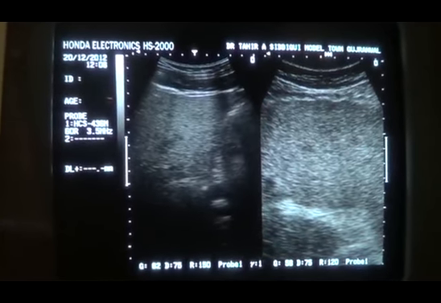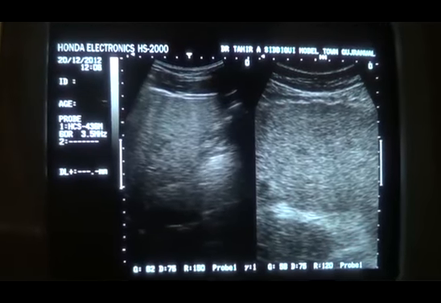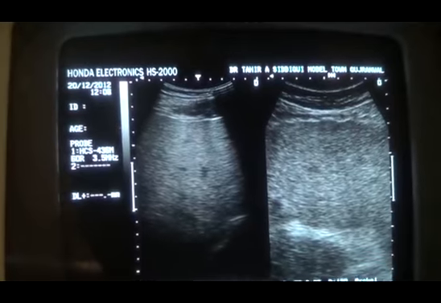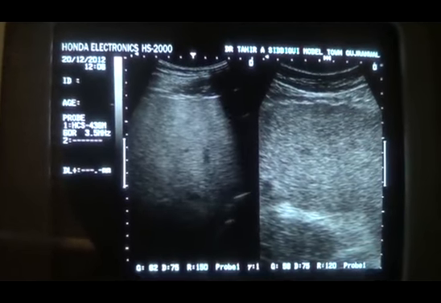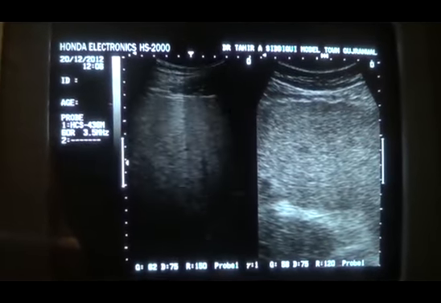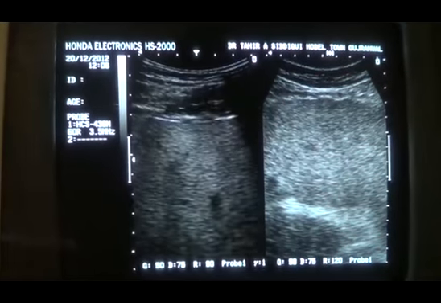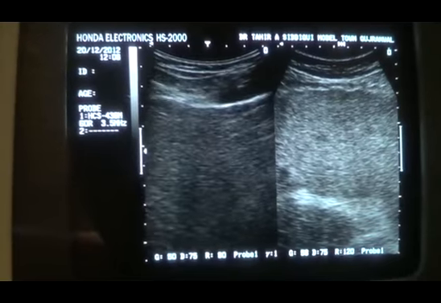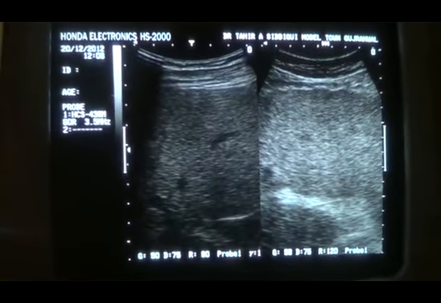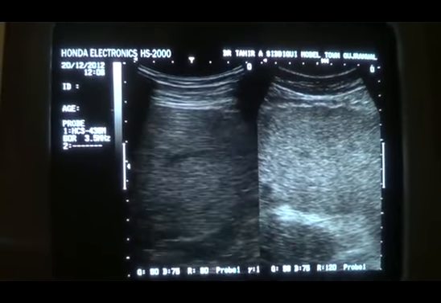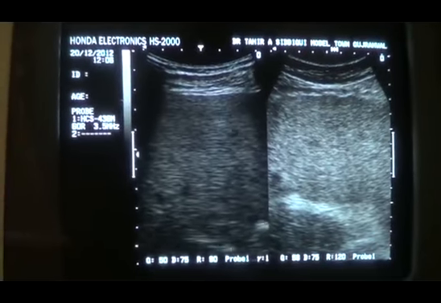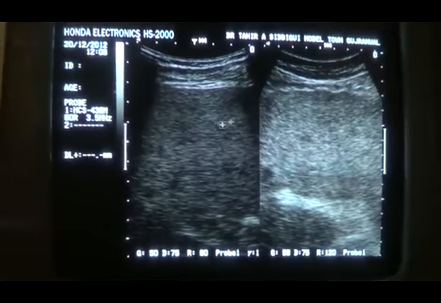fatty liver. You can see that the outer surface is smooth. Compare the outer surface of this liver and the outer surface of this liver.